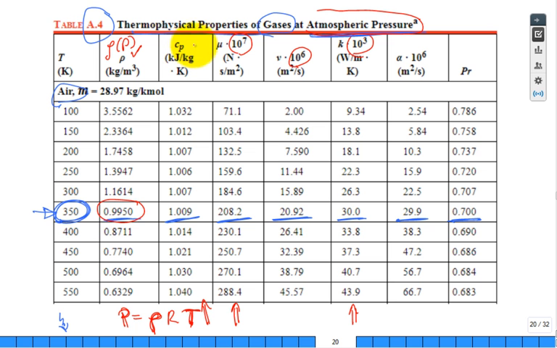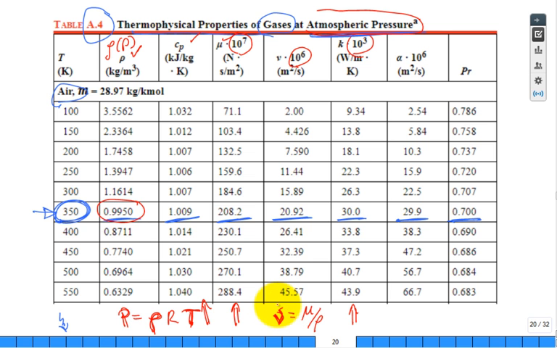Not a function of pressure for this one, or mu. What about nu? Well, look, nu is mu over rho. So if mu is not a function of pressure, but rho is, and I double the pressure, rho doubles, what happens to nu? Does it double? No, it goes by half, doesn't it?